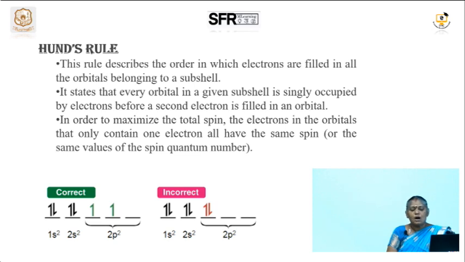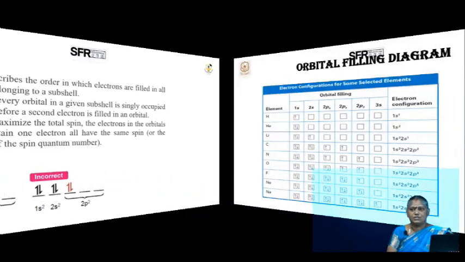We couldn't put both electrons in the same orbital as shown on the right side. That is an incorrect electronic configuration. So, we have to follow Hund's rule of maximum multiplicity. When could we have the maximum multiplicity? When each orbital is filled with an odd number of electrons, the multiplicity will increase. So, the configuration written on the left hand side is the correct electronic configuration.